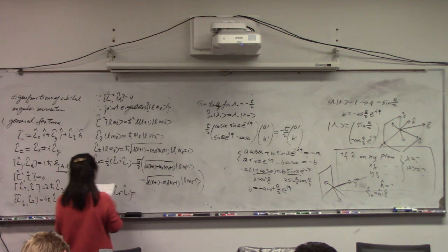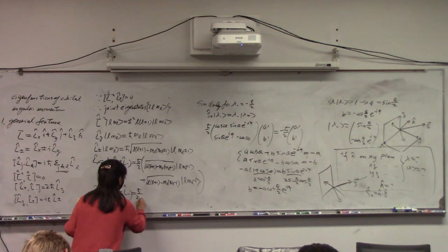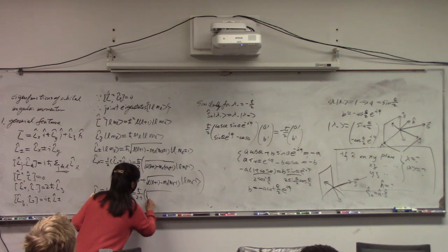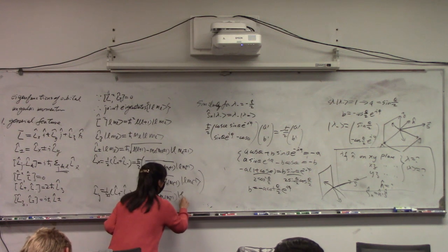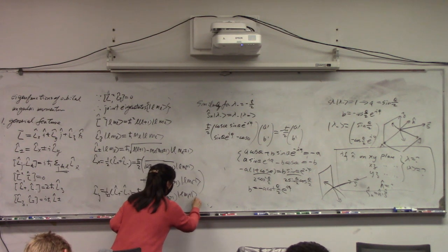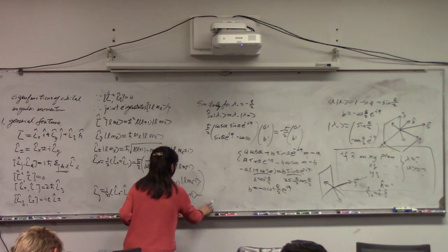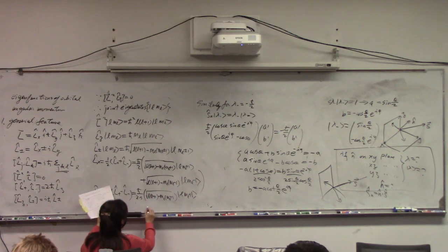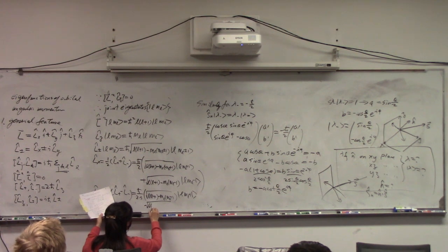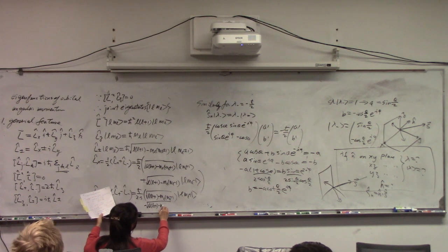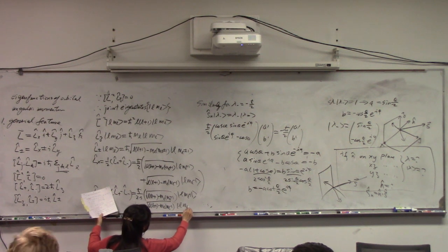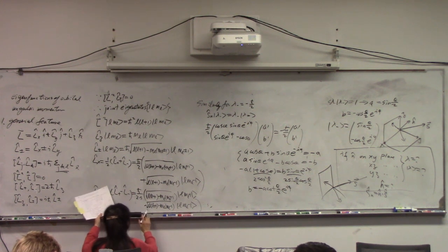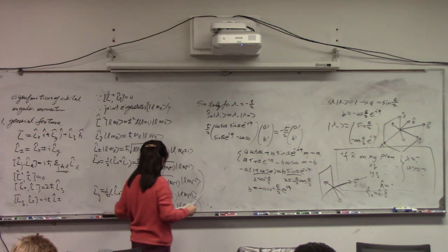And that gives us, inside, square root of l plus 1 minus ml times ml plus 1, and here square root of l plus 1 minus ml times ml minus 1. Okay. Those are all general.